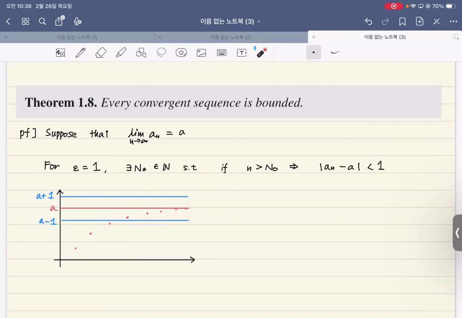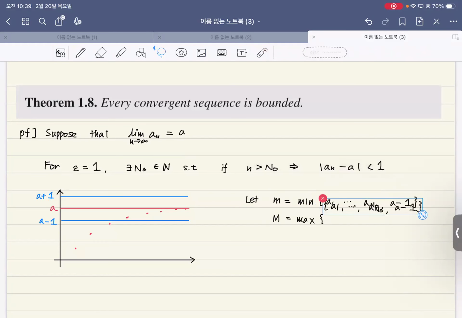So we choose M to be the maximum of these, and all terms beyond this point lie between a minus 1 and a plus 1.